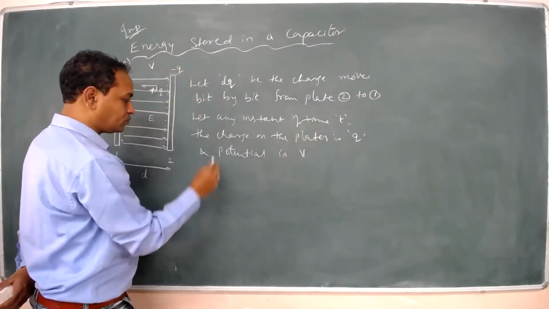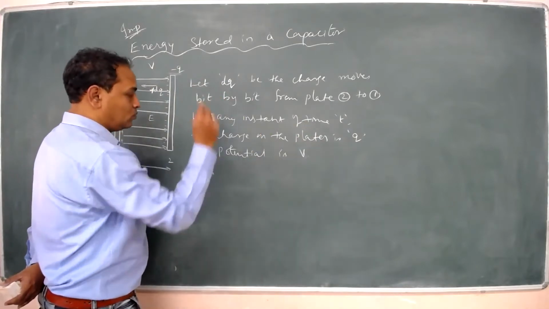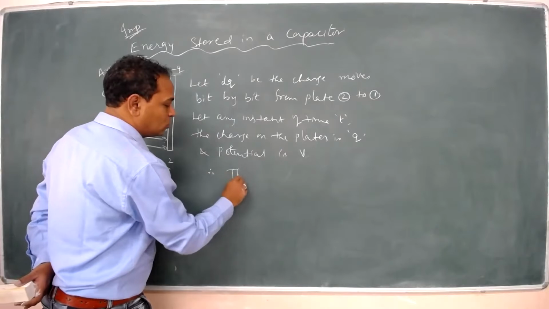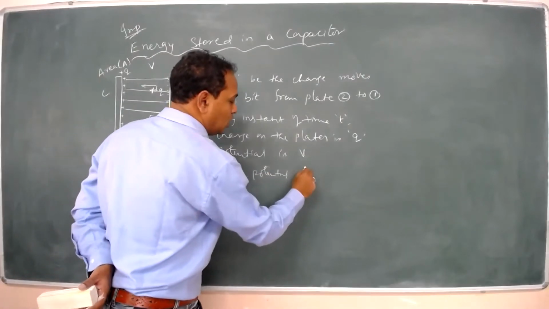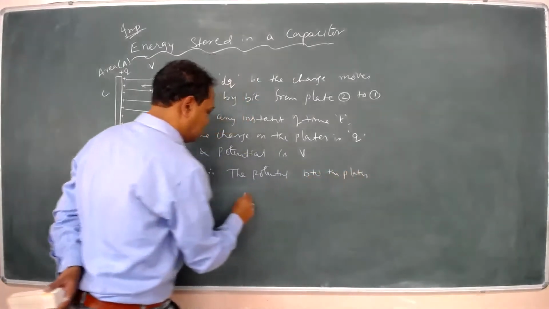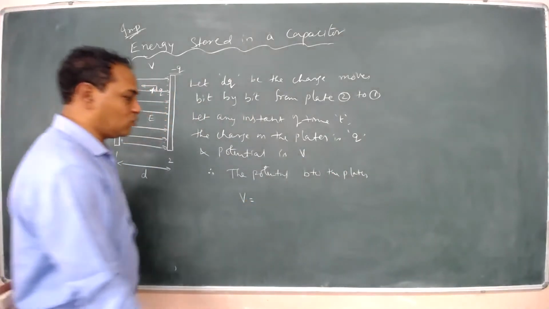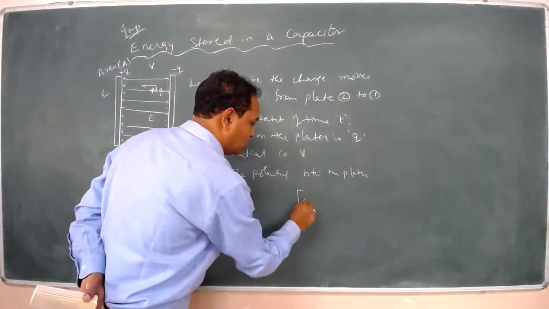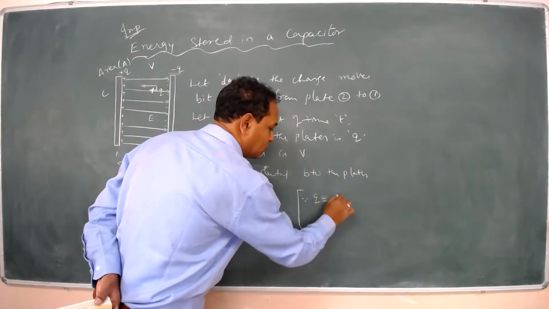Therefore, the potential between the plates, that is this V, is given by a general formula. We know that Q is equal to CV.